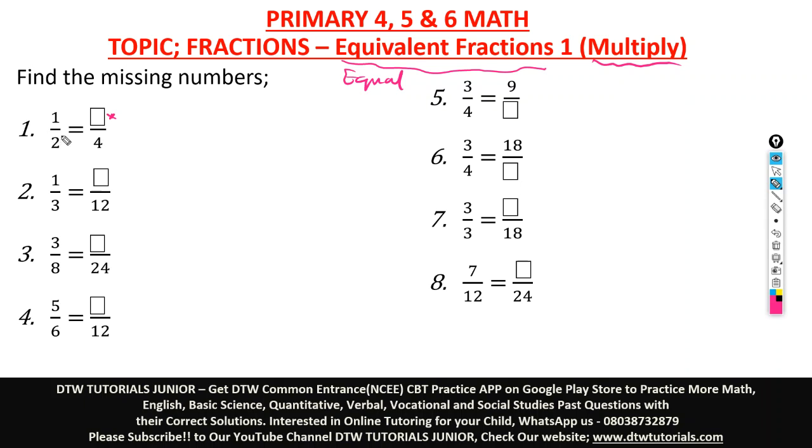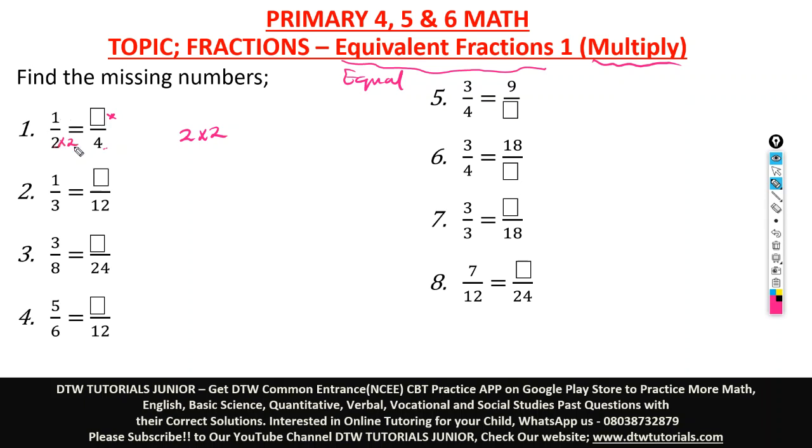Okay, so now we know that this is 2 and this is 4. So for our multiplication table, what times 2 gives you 4? Remember, it is 2 times 2. So 2 times 2 gives you 4. Are you with me? So whatever you do to your denominator, you must do to your numerator to get the equivalent of the numerator also.